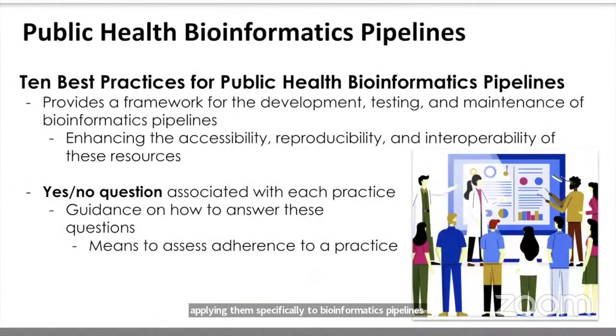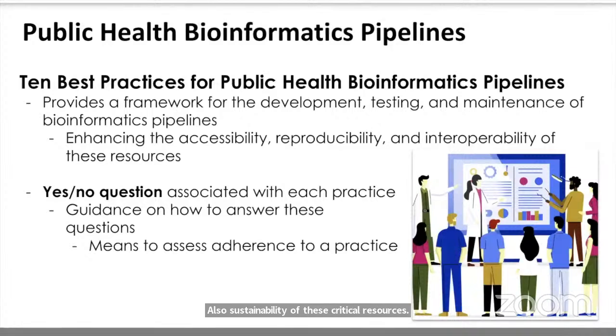Hence, the title of our guidance document, 10 Best Practices for Public Health Bioinformatics Pipelines. Our 10 best practices offer a framework designed to guide the development, testing, and maintenance of bioinformatics pipelines. All of these practices help to enhance pipeline accessibility, reproducibility, and interoperability, also sustainability of these critical resources.